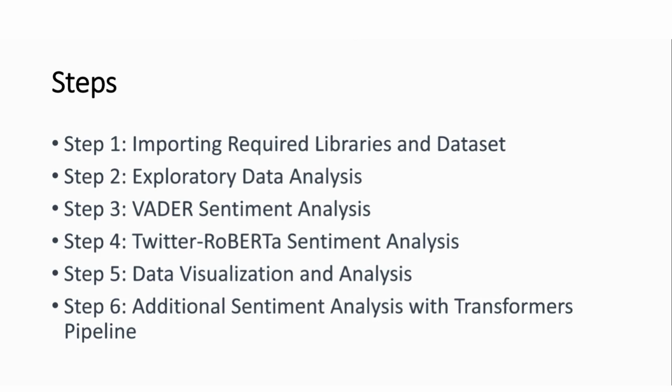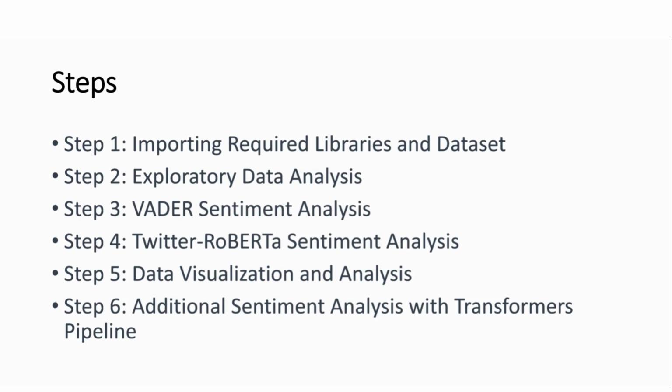This is an important step here. We will visualize the relationship between the VADER and RoBERTa sentiment scores using a bar plot, and we will identify the most positive review with a low star rating and the most negative review with a high star rating in this step. And with step 6, we have additional sentiment analysis with the transformers pipeline.